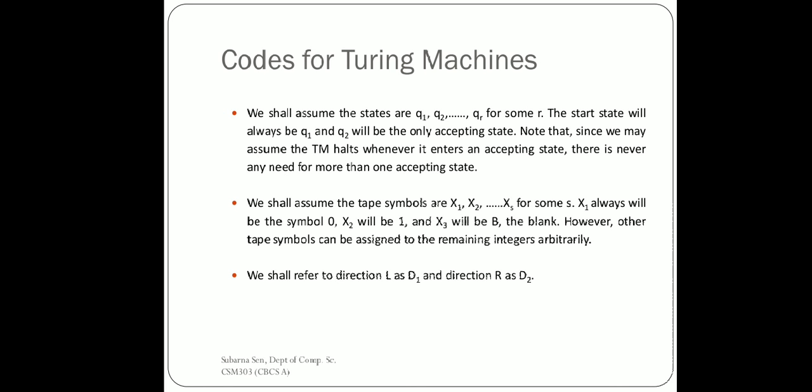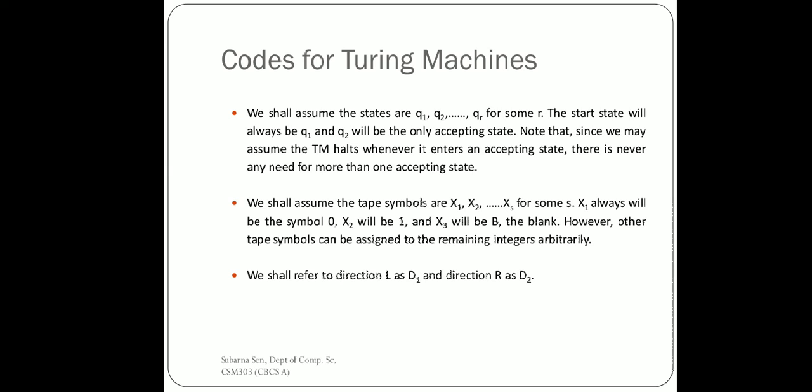Now here we are assuming the states are in this fashion. Remember, here we are using q1 to qr, so there are a total of r states. The initial state is q1, and q2 will be the only accepting state.